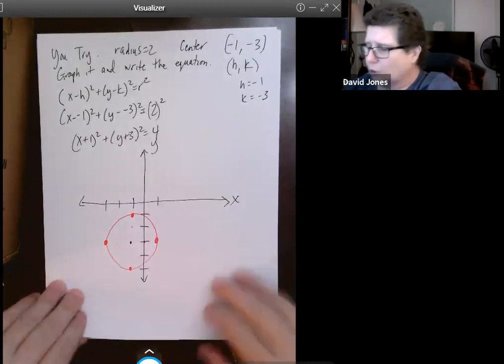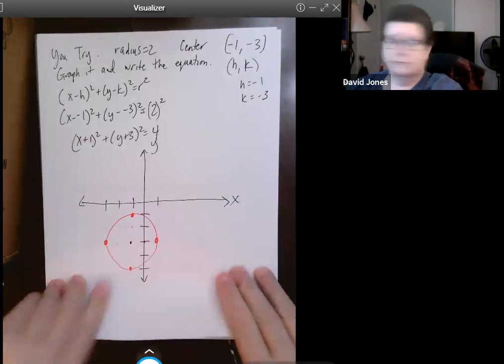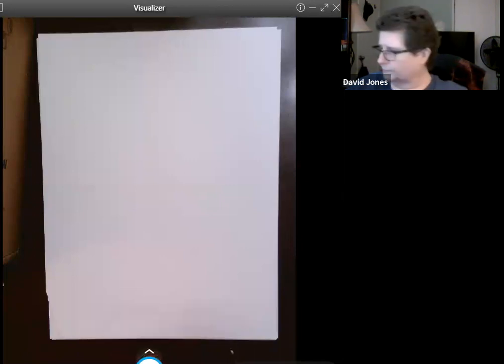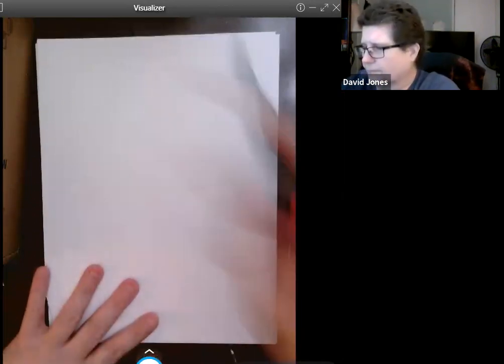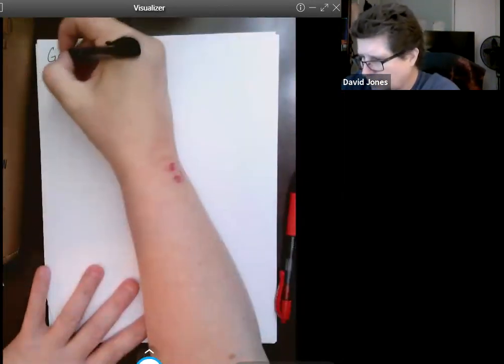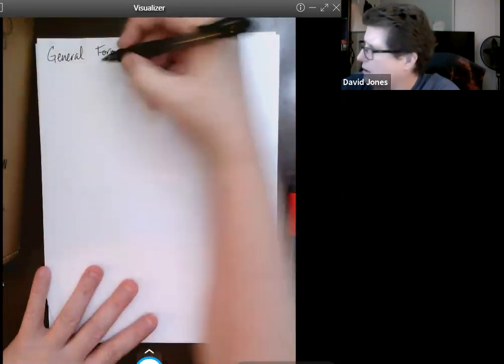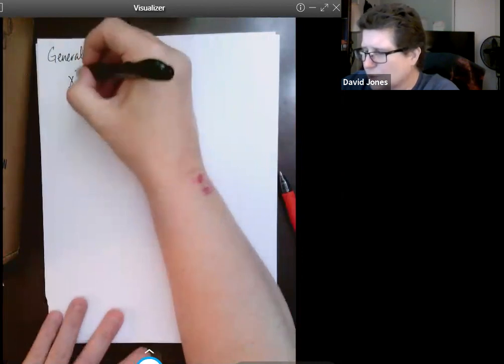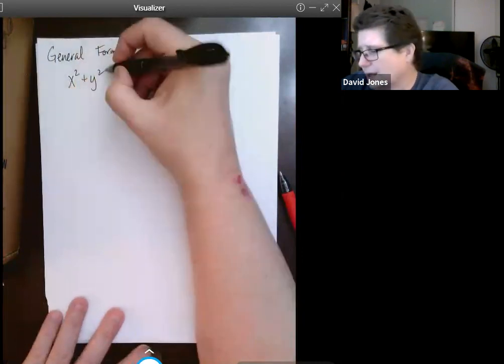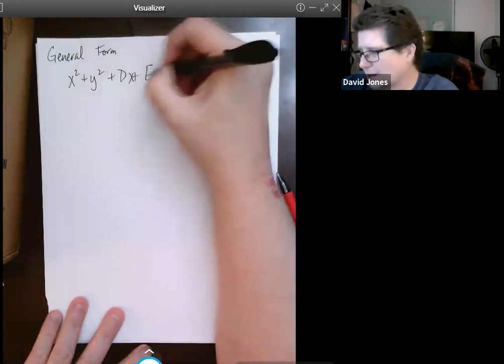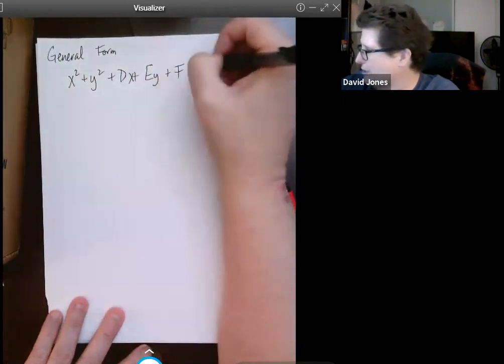The general form of a circle will have an x squared plus a y squared plus dx plus ey plus f equals 0.